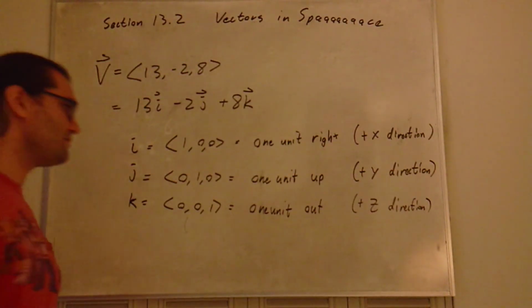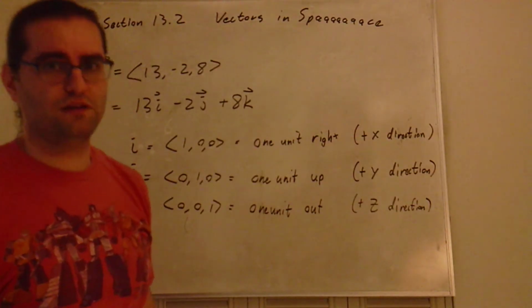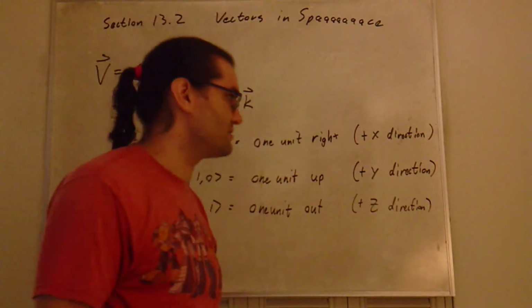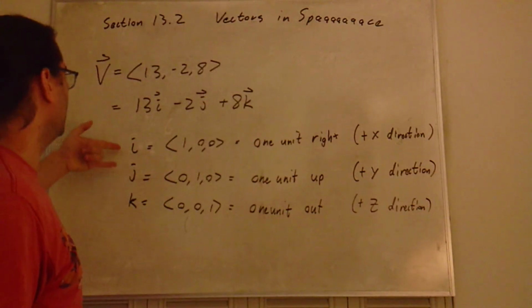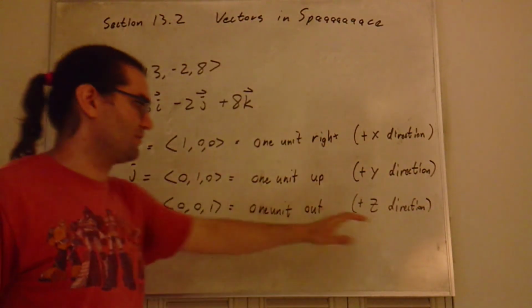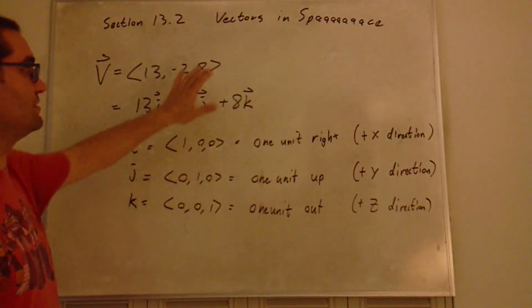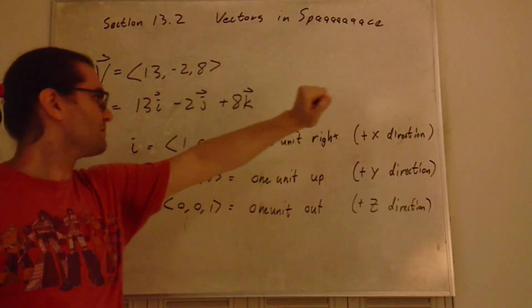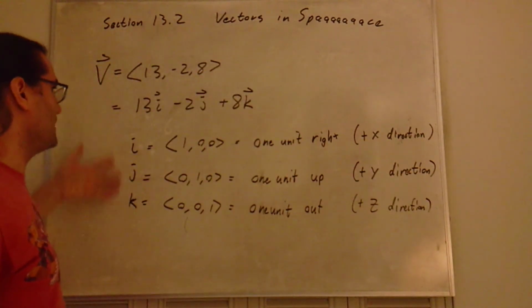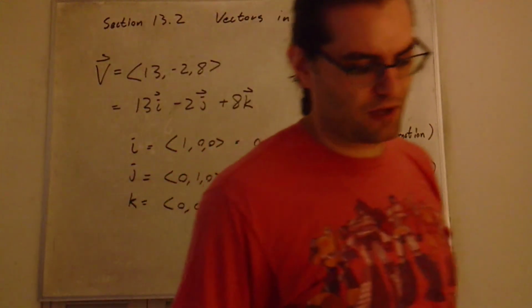And this information applies to section 3.1 as well. I think a couple of the 3.1 questions are going to ask you about writing vectors in terms of i and j. So there's no k in 3.1 because that's all on the plane. k is what happens when we move from the plane to space. But the same idea is here: i's, j's, and k's instead of triangular brackets.